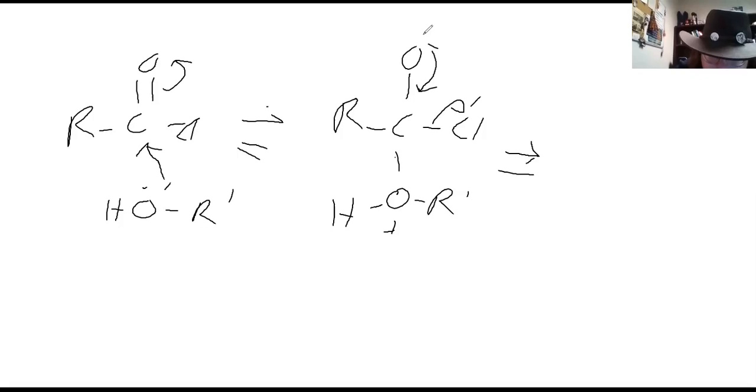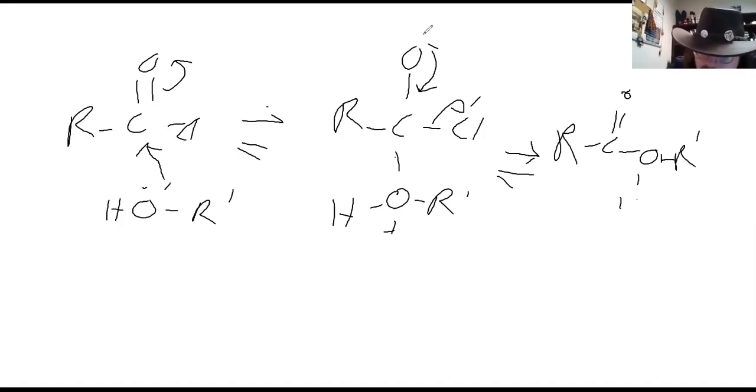We have our C double bond O, OR prime, H plus, and then we need our base, our pyridine. It attacks there, gets that up.